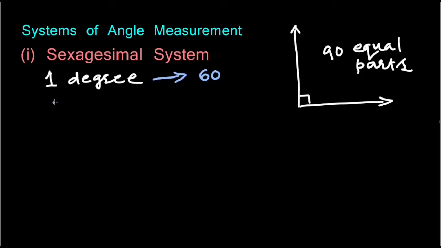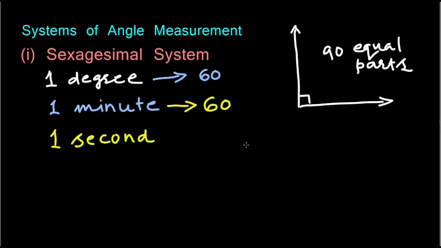Each part is called 1 minute. Now this 1 minute is divided into 60 equal parts and each part is called 1 second. Here, since the subdivisions are of 60 parts, it is called sexagesimal system or simply degree system of angle measurement.